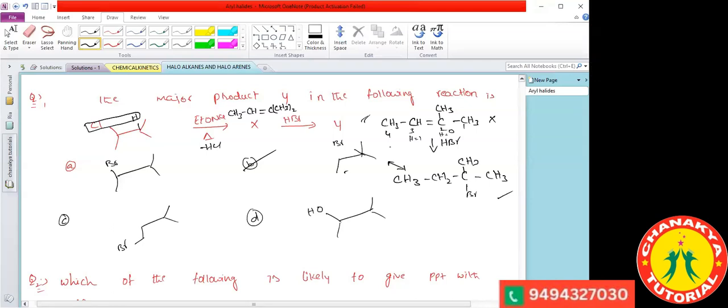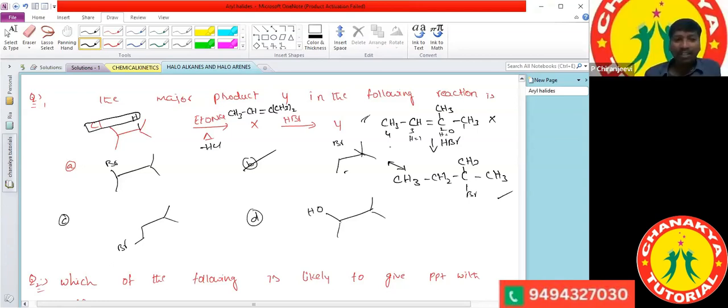Sir, can you explain how you got CH3, CH double bond C, CH3 from the line structure? From the line structure, very good. First of all, I'm going to simplify the line structure for you. Here one carbon atom is there, here one carbon atom is there. This carbon is attached with the Cl, and the bottom single line is nothing but the CH3 group. And here also a single line means it is having CH3.